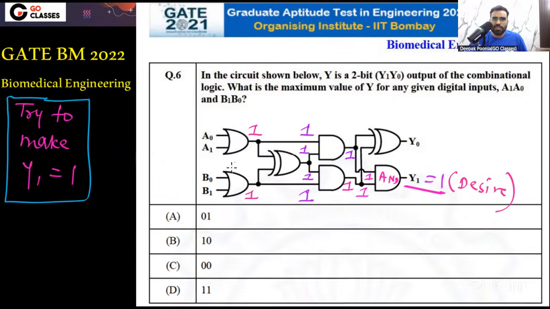But now something you notice: this is an XOR gate. For this XOR gate, the two inputs are 1 1. Yes or no? This is one input, and this is another input, so two inputs are 1 1. If the two inputs are 1 1, then what is the output of XOR?